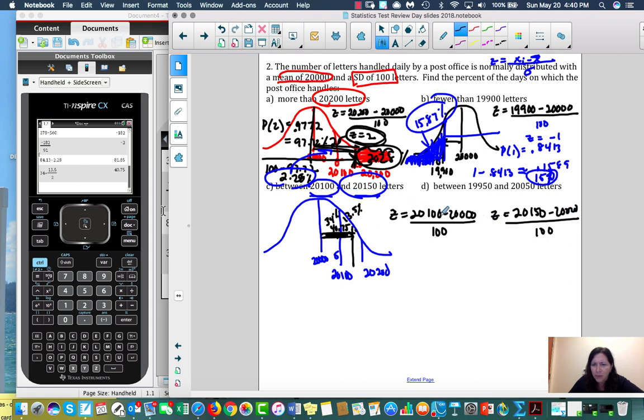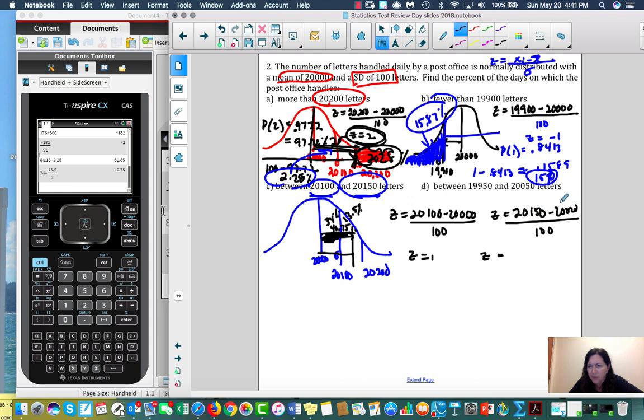So this right here is 100 divided by 100 is 1. Of course it's 1. We know that's 1 z-score away. This one right here, when we do this, I should get 1 and a half.